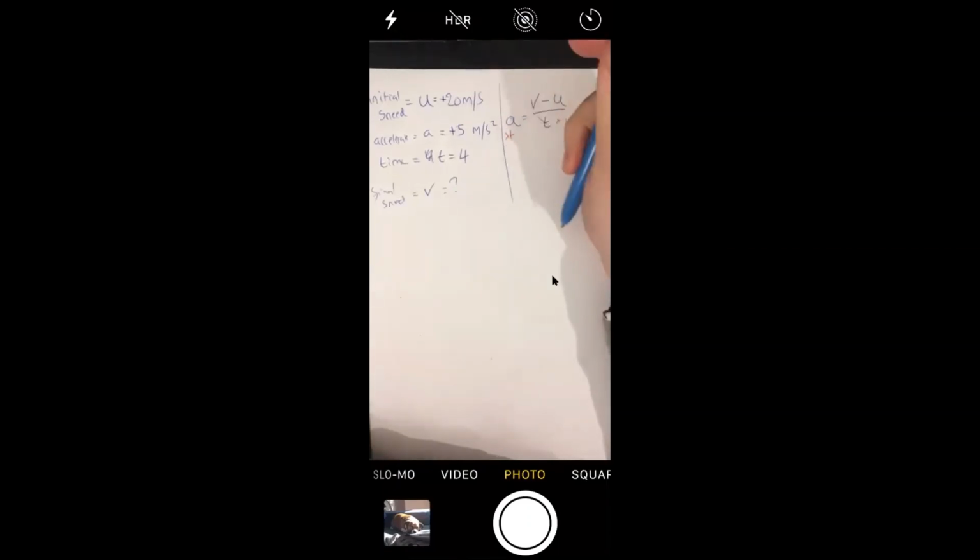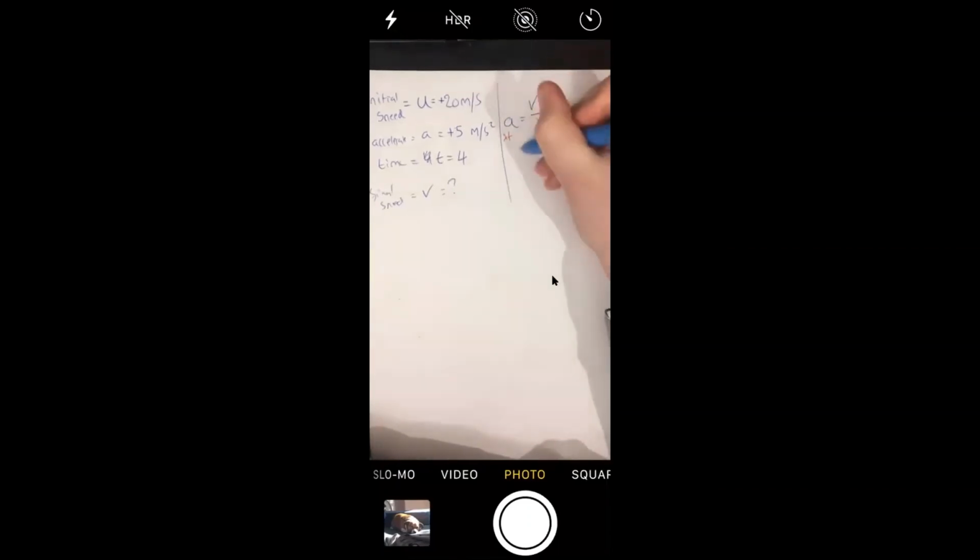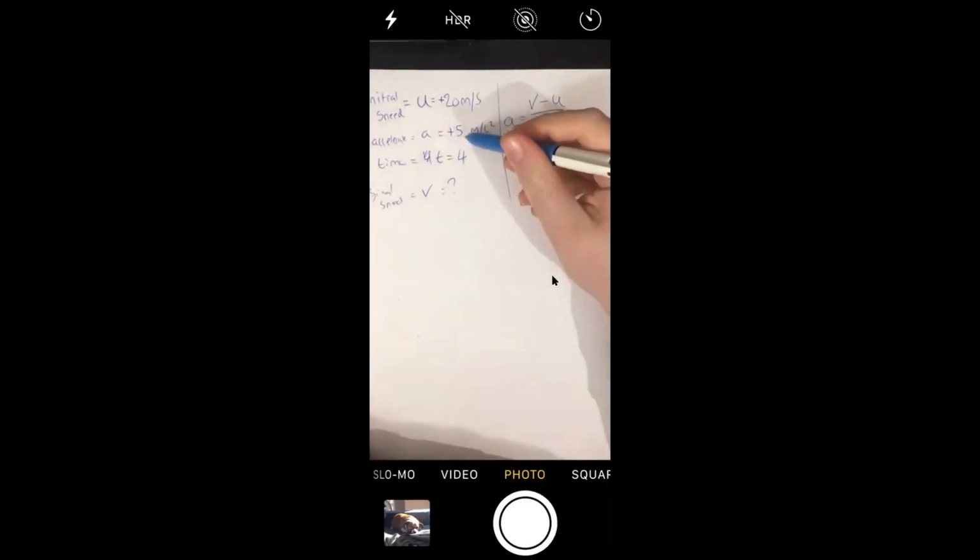That gives me at equals v minus u. I'm going to add u to both sides: u plus at equals v. So u is 20, plus a, which is 5, times 4, equals v. v equals 20 plus 20 equals 40 meters per second. It says speed, so I don't need to give a direction.